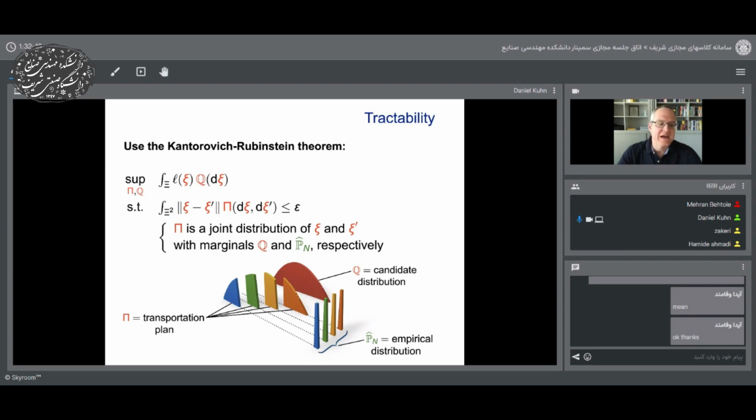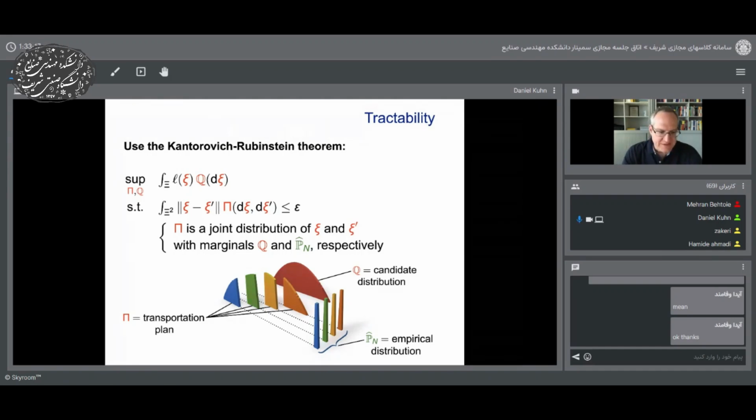And then you see the joint distribution of Q and P hat N, visualized by these vertical geometric shapes which stand in the plane a bit like shark's fins. Of course, this joint distribution needs to have the correct marginals. So if you project it onto Xi, then you need to get Q, and if you project it onto the Xi prime dimension, you need to get the empirical distribution.